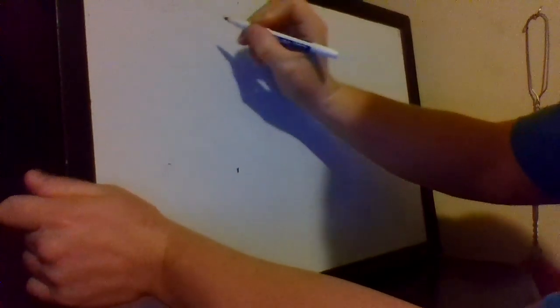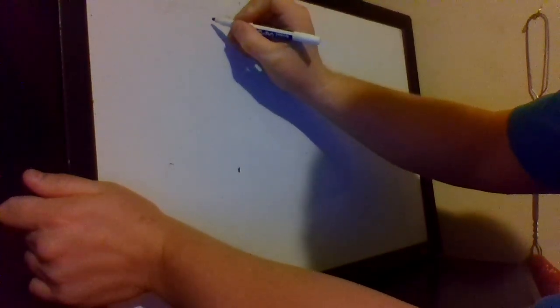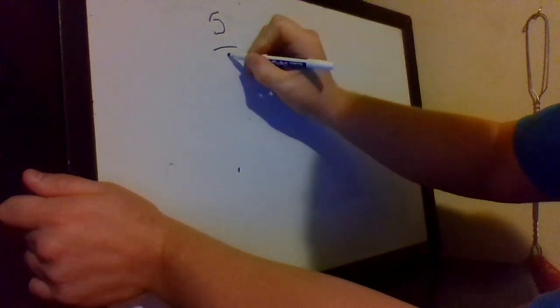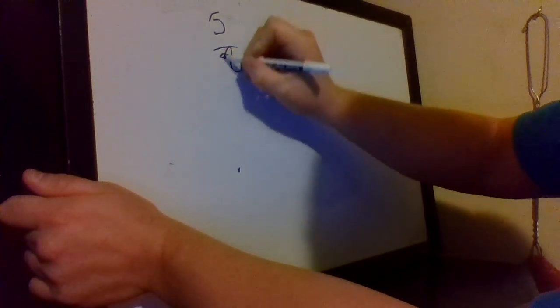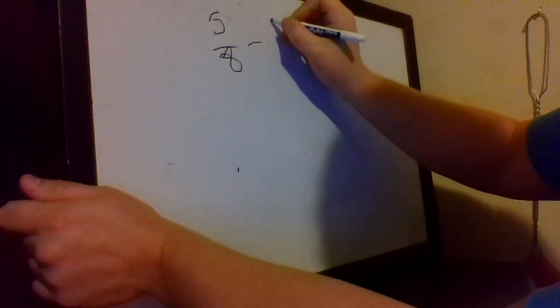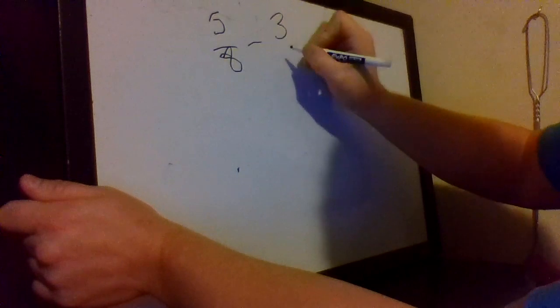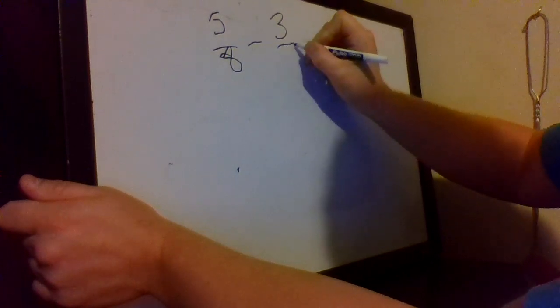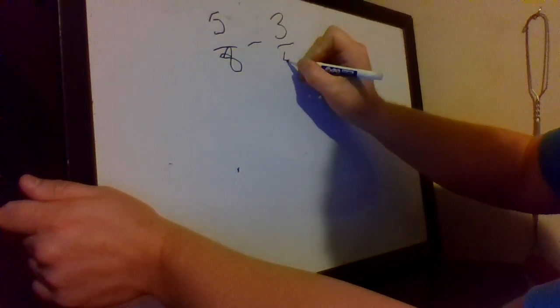So now let's look at one with different denominators. So we've got 5/8, minus 3/4.